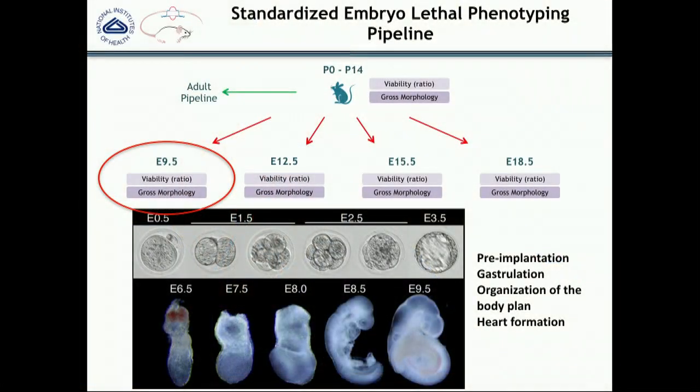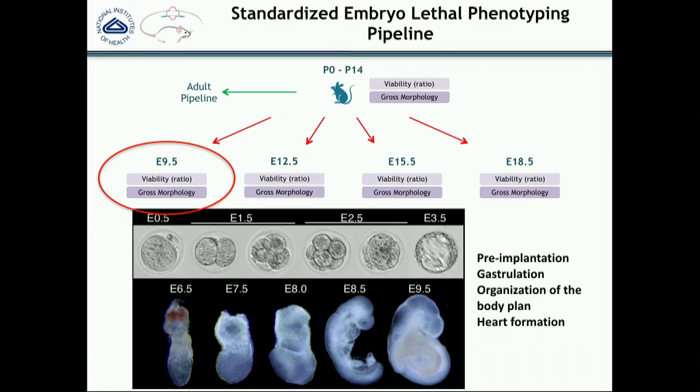So to evaluate the phenotypes produced in these animals, we established a pipeline to investigate development at a variety of different stages. So we have the opportunity in the mouse to look, we chose 4 different stages to focus on, and they each have different hallmarks associated with different aspects of development at those stages.